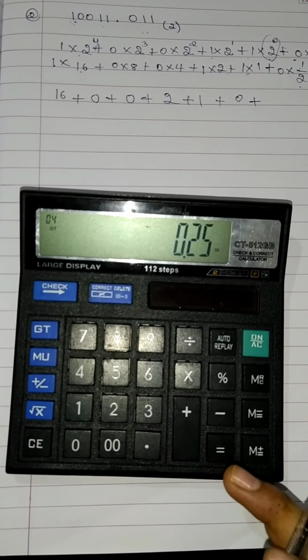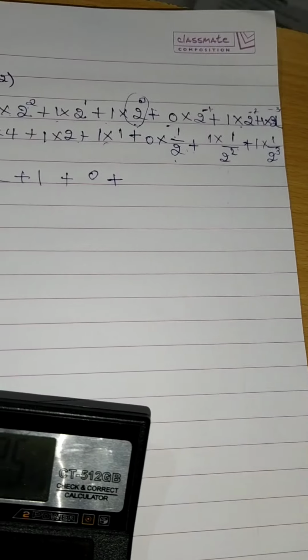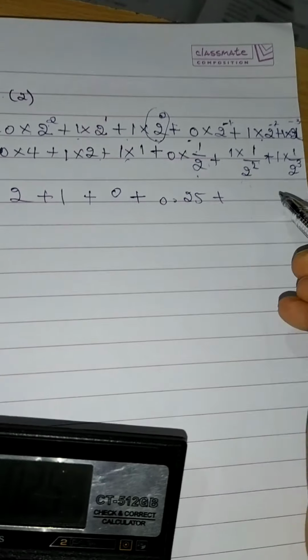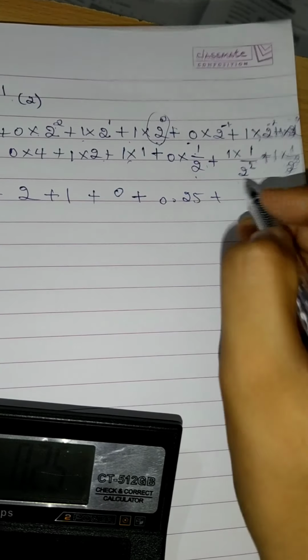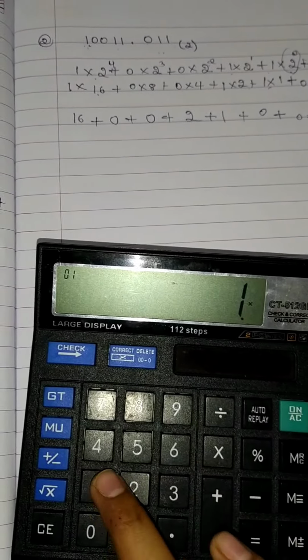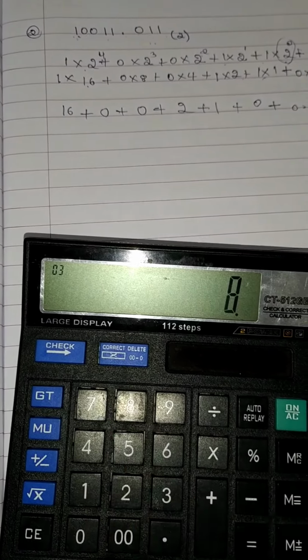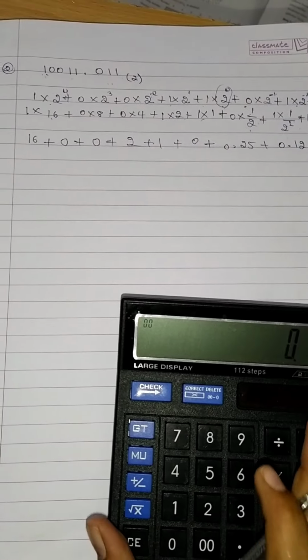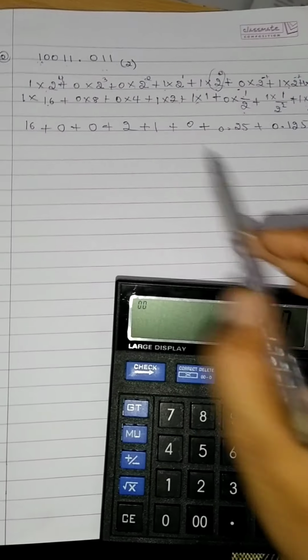So we are going to get 0.25. Plus this one, 1 into 1 divided by 8. What we are going to get? 0.125. So in the last step we have to sum up all the things.